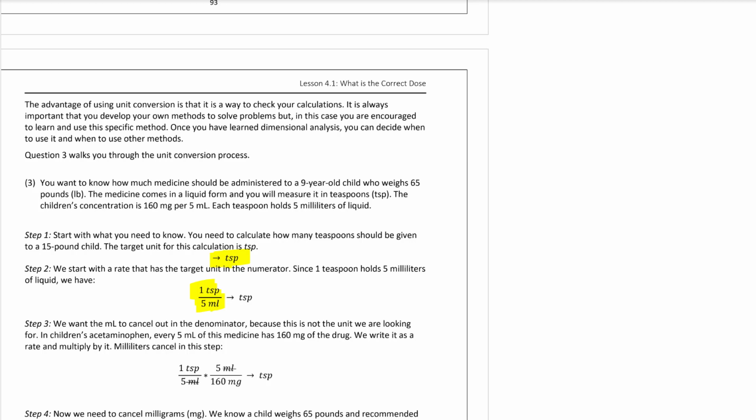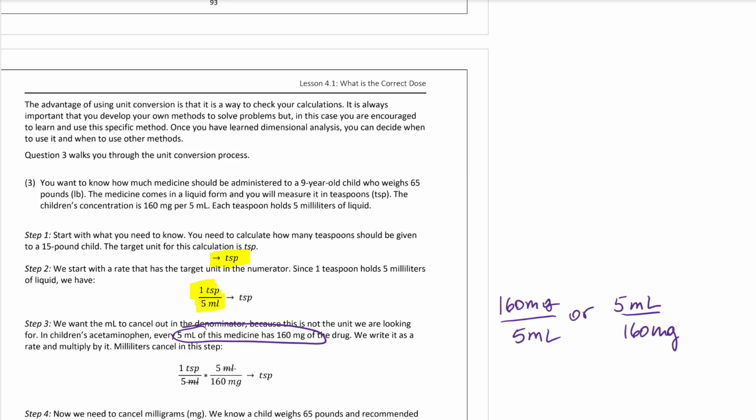So what you do, you write this information as a rate. Look, before we saw it written like this, but when we set up unit analysis, you can also write it like this, and that will still be an equivalent ratio. It's telling us that 160 milligrams is equivalent to 5 milliliters. So whether you write it one way or the other, it doesn't matter.